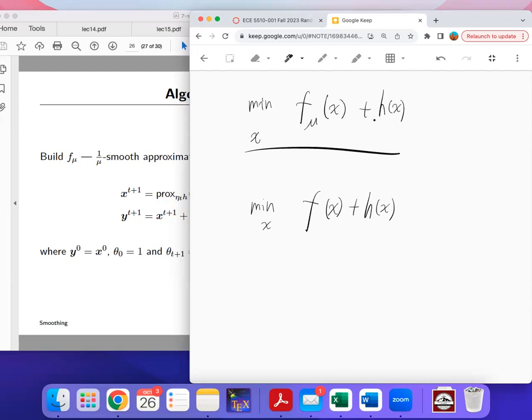But this problem is slightly different from the original problem. So their optimal solution will also be different. And we need to characterize this kind of approximation error. There's an approximation error between these two.